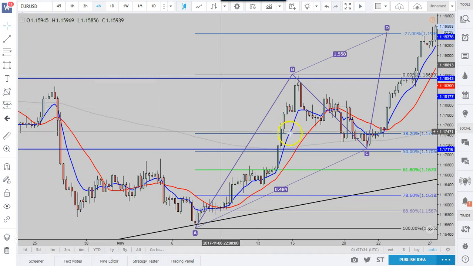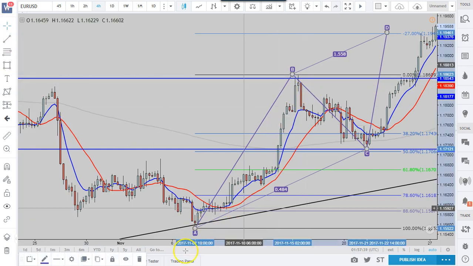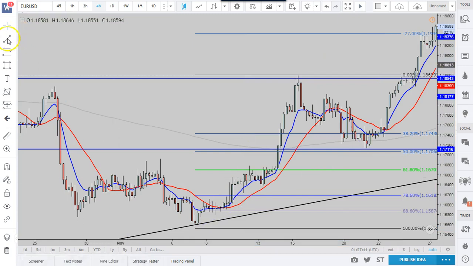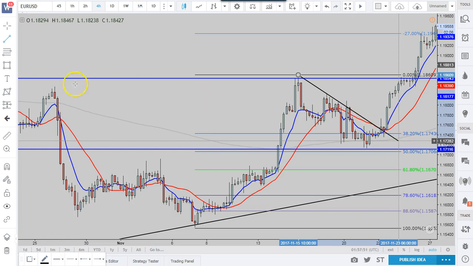Alright, so what do we do now? Let me take this off so you can see what I'm doing. We're now bringing a counter trend line. We draw it: first point, second point, third point.